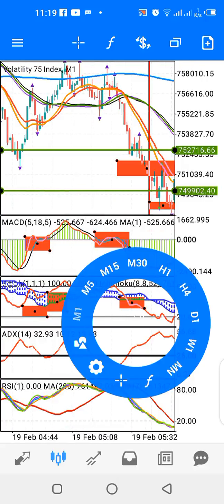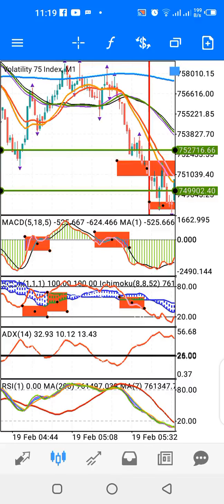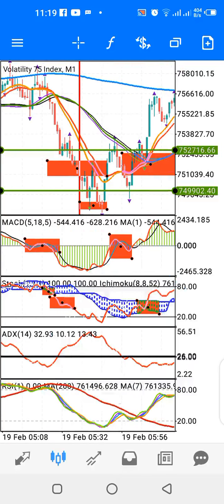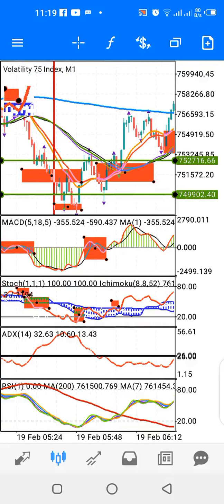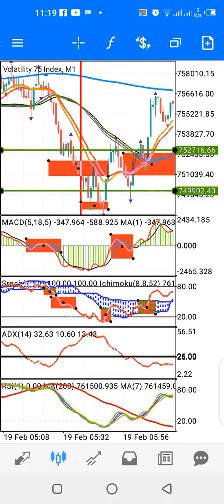From above, sell signal. And touches it from below, buy signal. That means from below it touches it first for you to have buy signal. Then when it comes out on the other end, that's your buy confirmation.